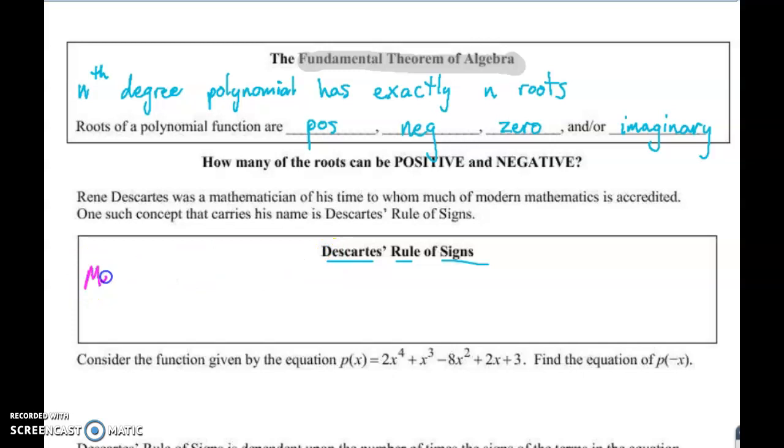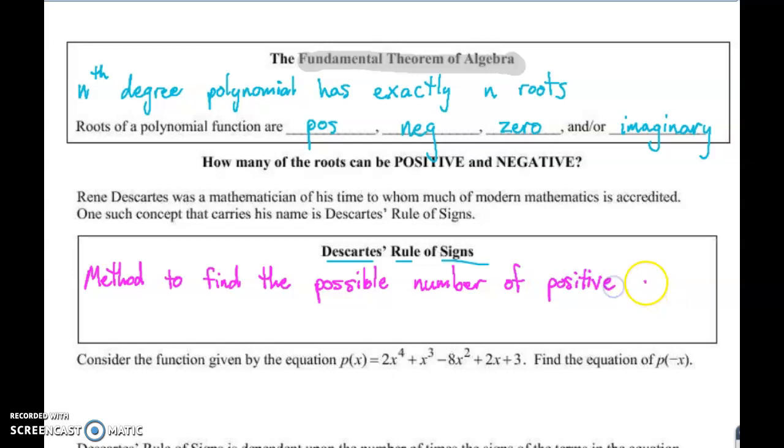It's a method, let's put it that way, to find the possible number of positive or negative, well, I should say and, because the method works for both. Possible number of negative roots.